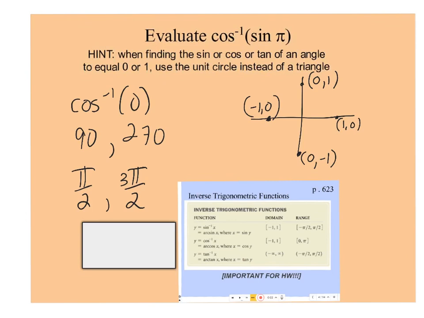However, once again, our inverse cosine is only defined between 0 and pi. 3 pi over 2 is not part of that definition of 0 to pi. So 3 pi over 2 is out. Final answer, pi over 2 or 90 degrees, depending on how the textbook would like it to be answered.